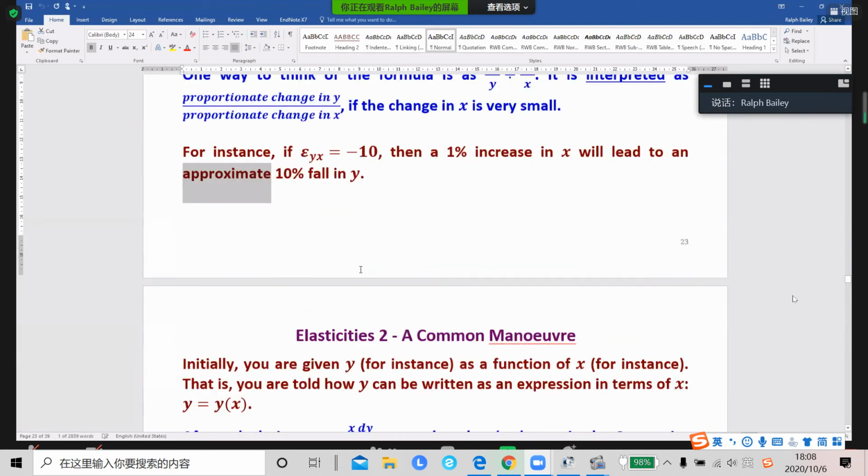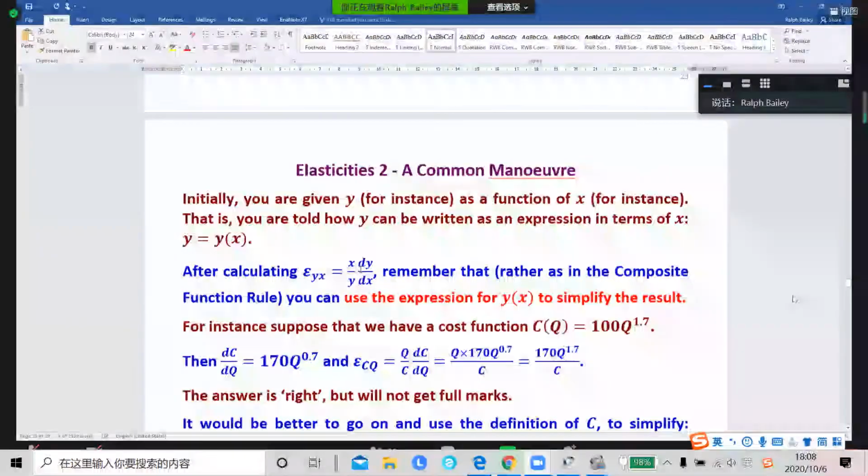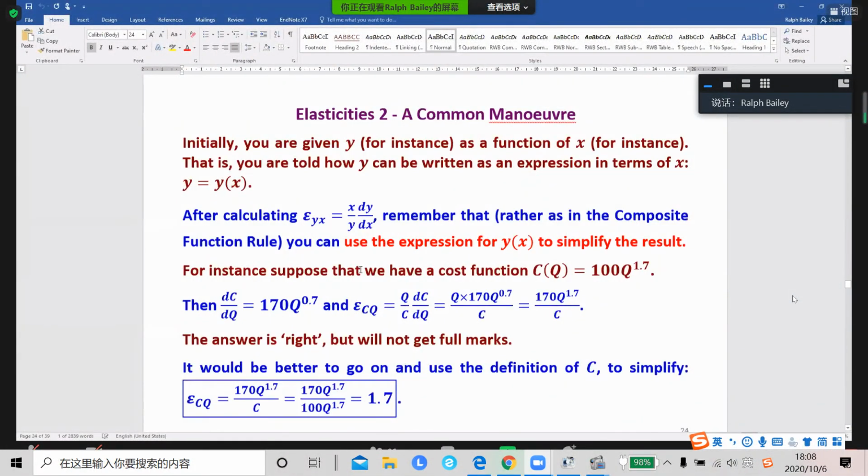And here's something that has struck me from marking exams. Suppose I ask you to calculate an elasticity, for example, what's the elasticity of cost with respect to quantity?